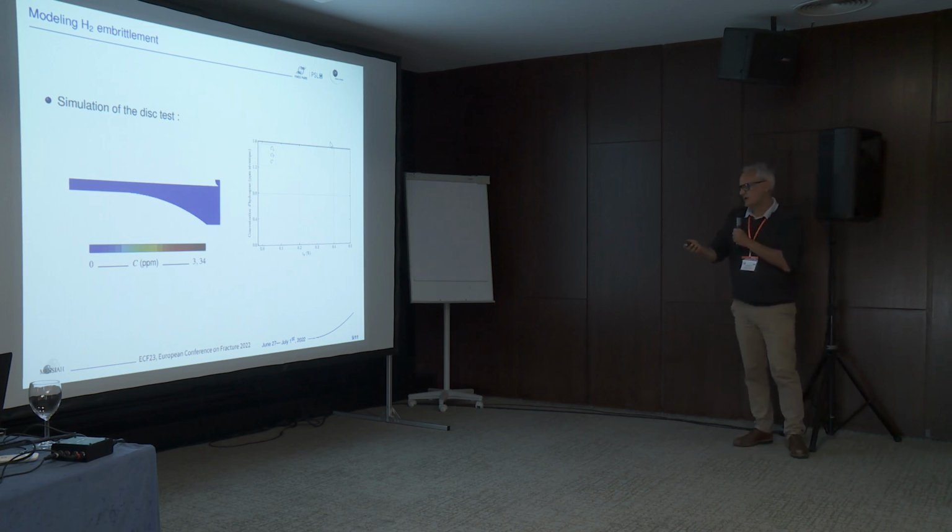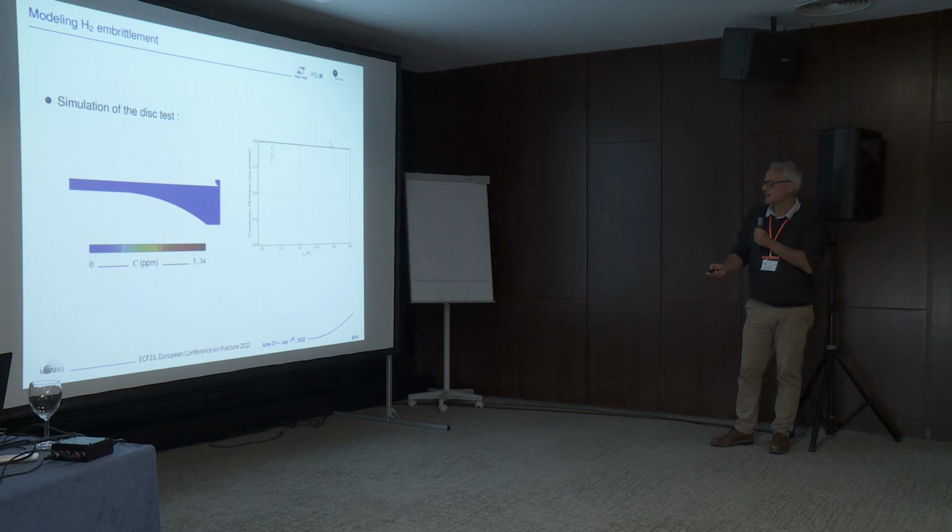That's the initial stage. No hydrogen in the material. And then I'm going to pressurize. So here you see the map of total hydrogen concentration. Here you have the plastic strain at a point which is just in the middle here.